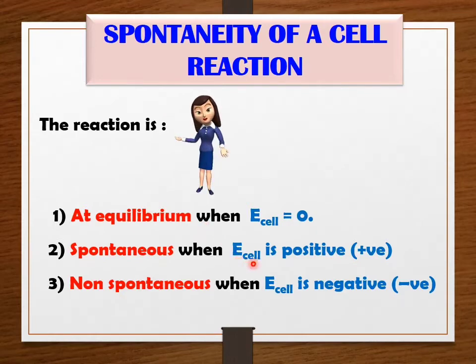If you calculate the cell potential and get a positive value, this is a spontaneous reaction. And if you get a negative value, it means this reaction is non-spontaneous. So this is what you must remember, okay?